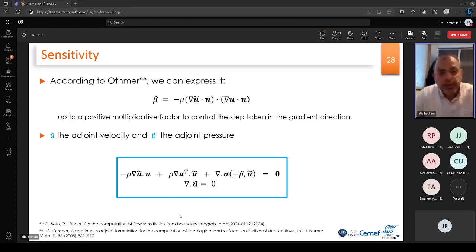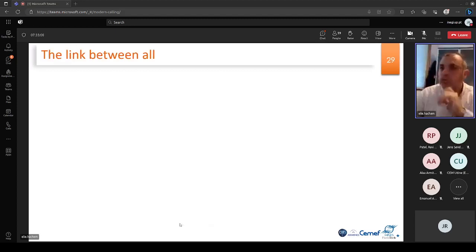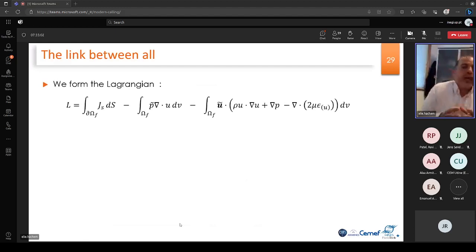So from where do we derive this one? If we go back to your first course, I remember that you looked at the Lagrangian, that is going to cast all your Lagrange multipliers for the cost function and the variation of your physics. So we can count here the U tilde is coming as a Lagrange multiplier for your Navier-Stokes equation, P tilde for the divergence of U, and you have your first cost function that I showed.